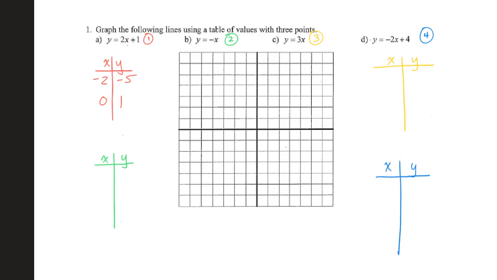I would then plot the point at -2, -5 and 0, 1, and I would connect those and extend it the width of my grid, arrows on the end, and I go, perfect. I'll label that with my equation number 1. Nice. And I have no idea whether that line's correct or not.